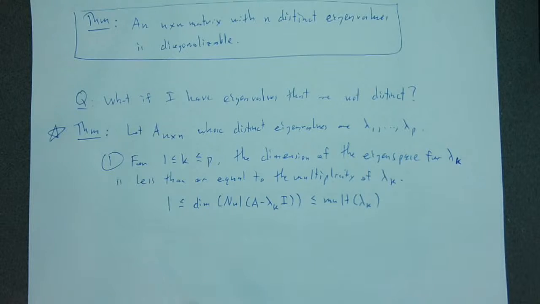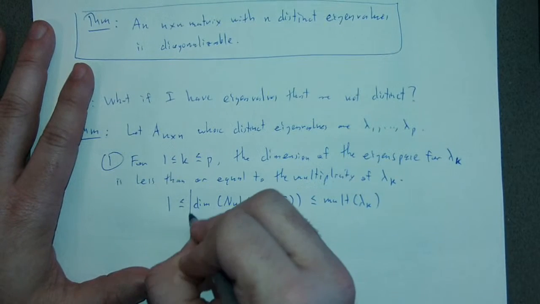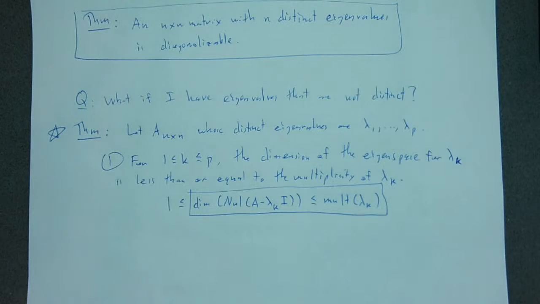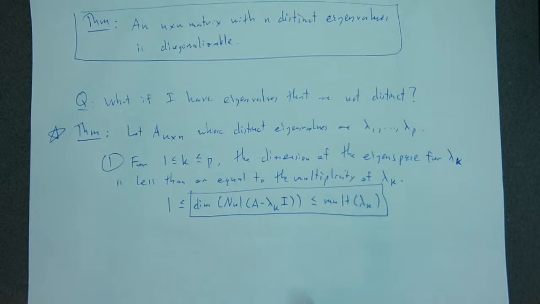That's always true. And that's why when the multiplicity is equal to 1, this dimension is guaranteed to be 1 for each of those eigenvalues. So technically I always have a 1 bounding this dimension below. And that's why the second your eigenvalue's multiplicity is 1, the dimension of the associated eigenspace is always 1.